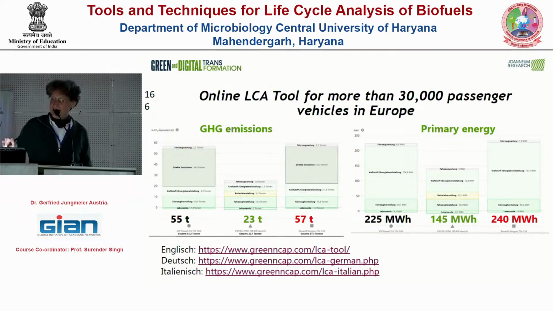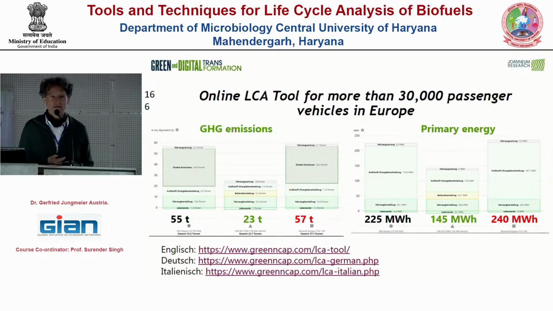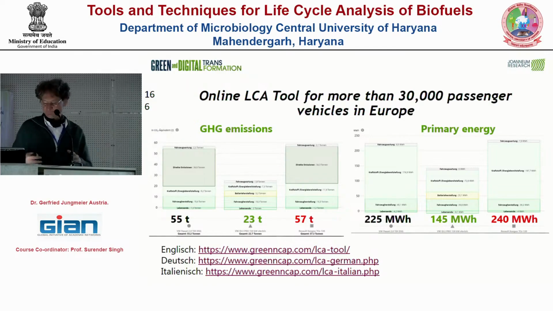The main application for this LCA is really, you see, these are all the same cars, and you can buy cars that have in the total life cycle nearly 60 tons of CO2, but there's also one having only half of the emissions. So even for the consumer, the information is quite relevant.